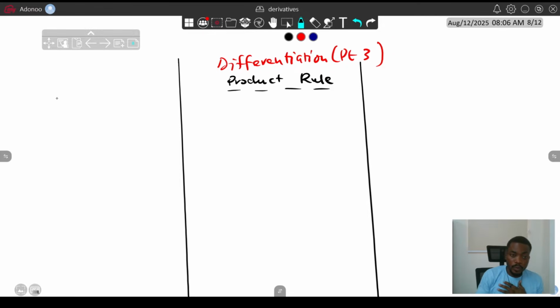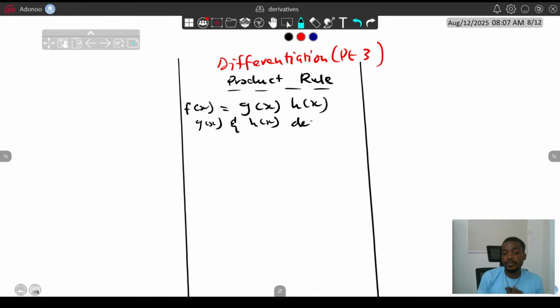Mind you, if you have two functions, f of x is equal to g of x times h of x, given that g of x and h of x are differentiable, then we can use the product rule.